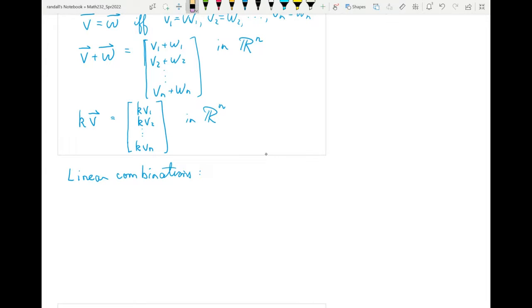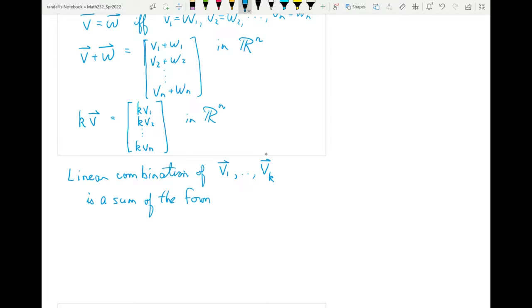A linear combination, let's write it this way. A linear combination of, let's take k vectors in Rn, is a sum of the form. I'm going to use both vector addition and scalar multiplication.